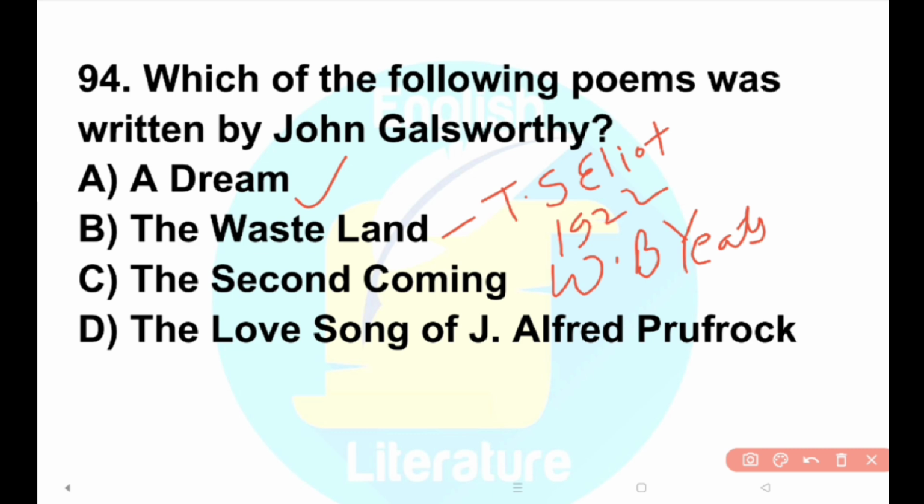In 1919, this is another famous poem, not by Galsworthy, The Love Song of J. Alfred Prufrock, which is also written by T.S. Eliot.